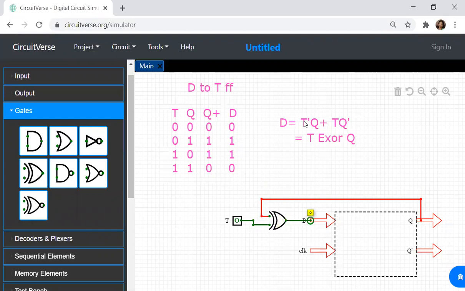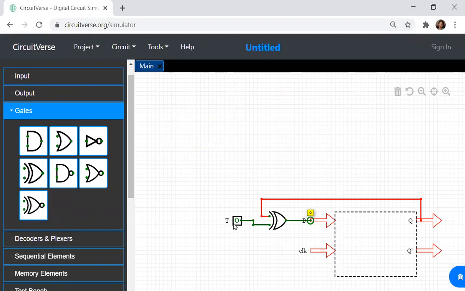So this is the sixth conversion, D flip-flop to T flip-flop. The last conversion will be T flip-flop to D flip-flop.